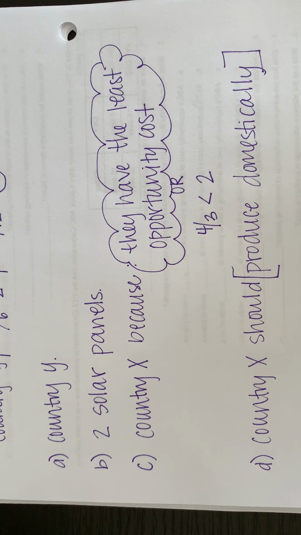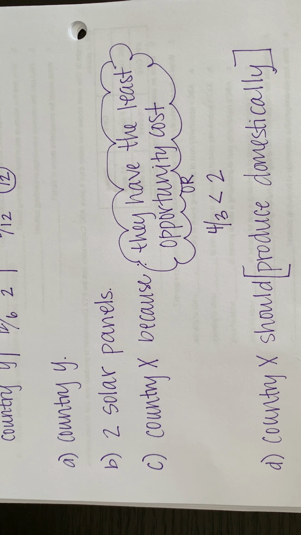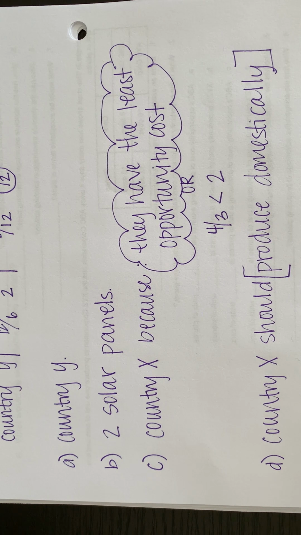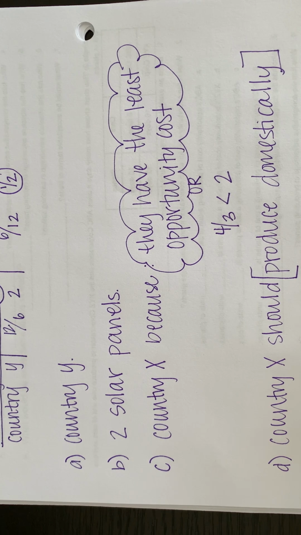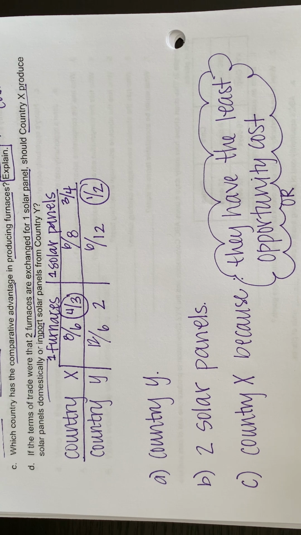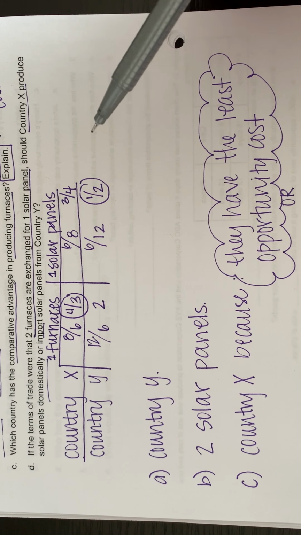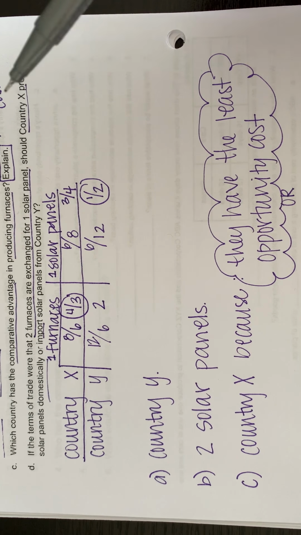And there's no explain for D, but I'm going to go ahead and explain why country X should produce domestically, just so you know. But you don't need to have this explanation on there at all. In fact, you shouldn't have it because D did not ask for an explanation. So why is country X going to be producing solar panels domestically? Well, they already give up 3/4 of a furnace to make 1 solar panel.